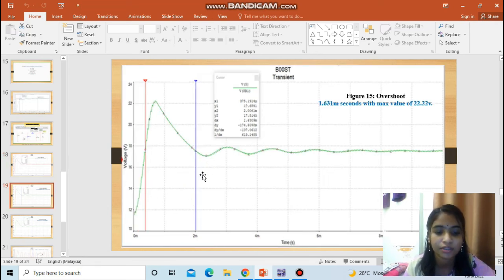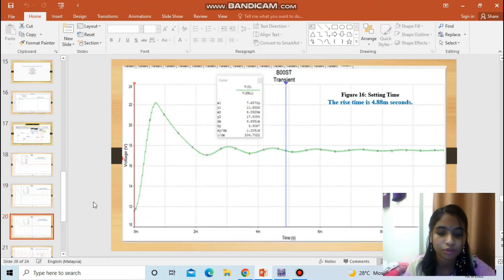Overshoot occurs where the graph shows the maximum value. Based on the graph, the overshoot occurs at 1.631 millisecond with a maximum value of 22.22 volt.